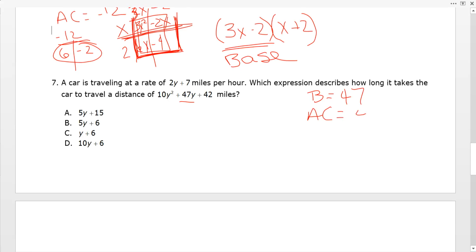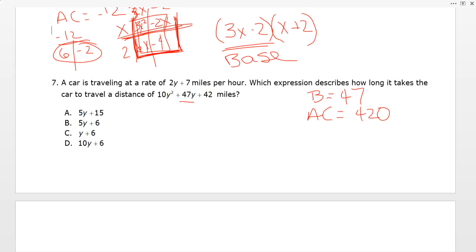Product is 420. And again, I'm going to use my calculator. I'm going to go to y equals. I'm going to put in 420 divided by x. I'm going to do second graph to go to my table. And I'm going to start looking through my table for whole numbers that add up to 47.